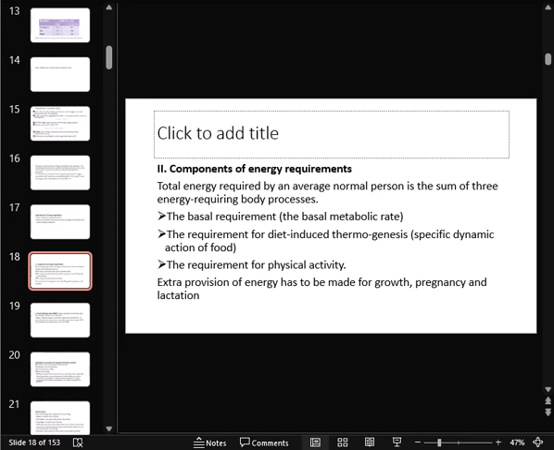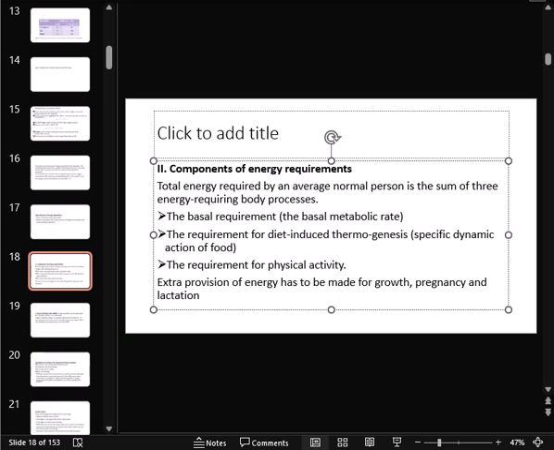Next up, we can look at the components of the energy requirements. The total energy requirement of an average person is simply the sum of three energy-requiring processes. First, the basal metabolic rate, and second, the SDA, the specific dynamic action of food, which is the energy required by diet-induced thermogenesis.